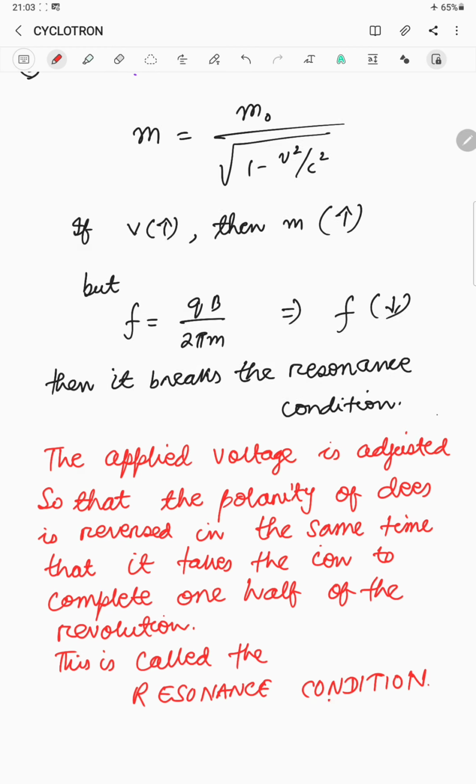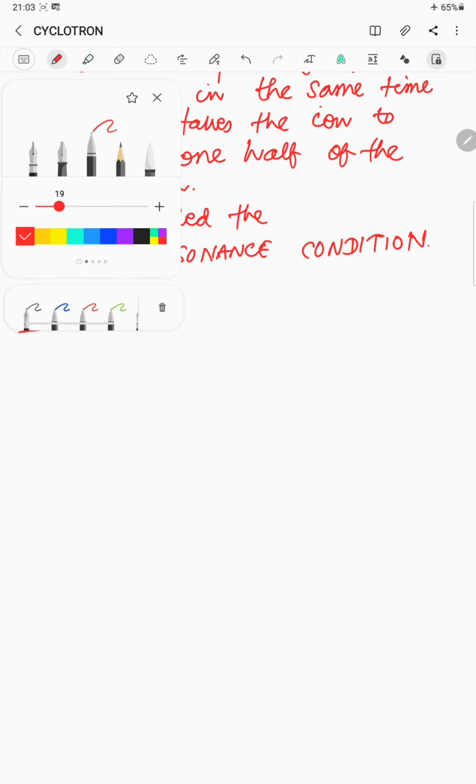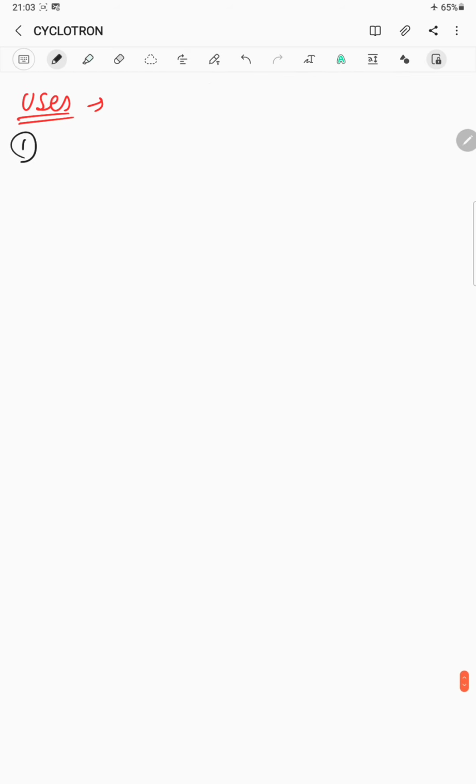Coming to the usage, it has a large scale, very important usage. The first use is to synthesize new materials or substances.